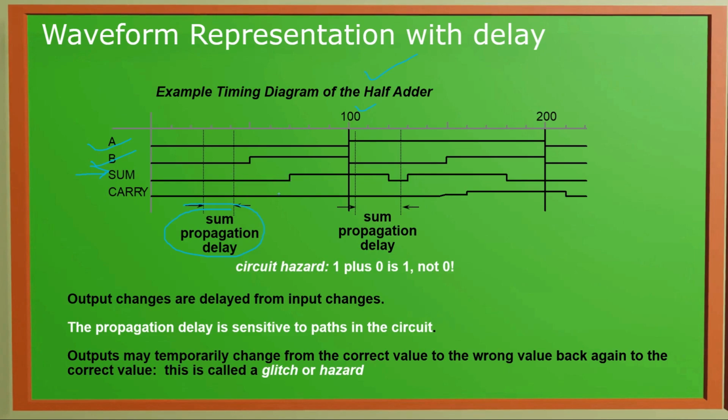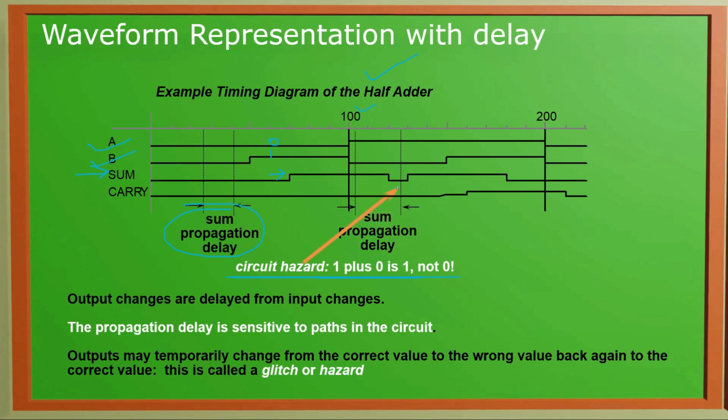So what is the propagation delay? When I give A input and B input to perform the operation of sum, there will be some delay. Suppose A is 0, B is 1, output should be 1, but for circuit calculation there may be some delay associated with propagation delay. But once it is settled down, there may be another type of delay, considered as circuit hazard.